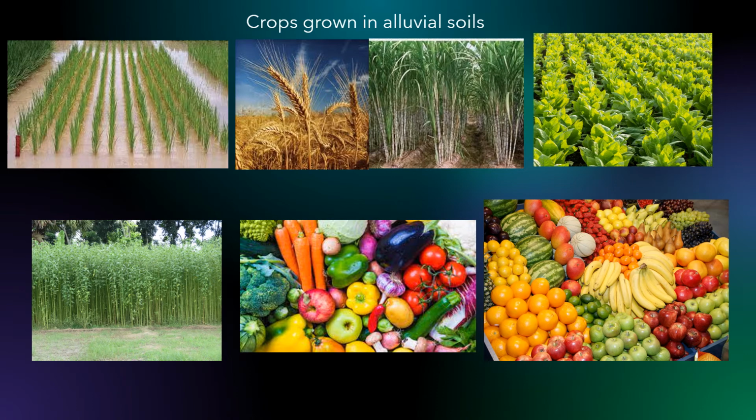Now, alluvial soils as a whole are very fertile. Due to their softness and fertility, these are best suited to irrigation and agriculture. When properly irrigated, the alluvial soils yield splendid crops of rice, wheat, sugarcane, tobacco, jute, vegetables, and fruits.